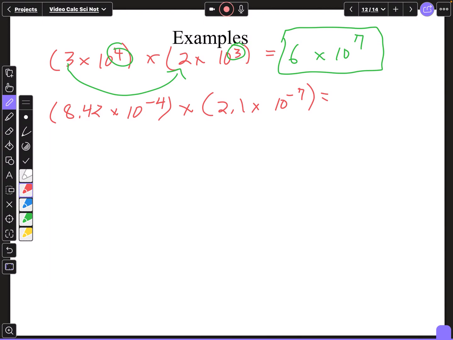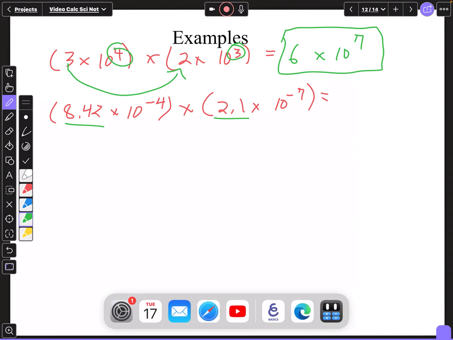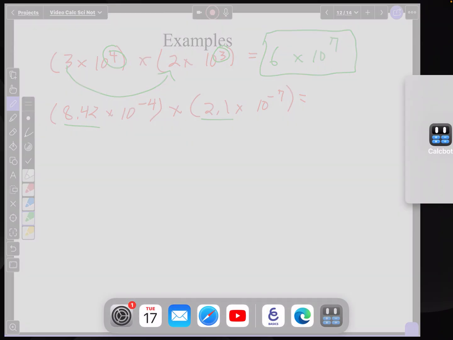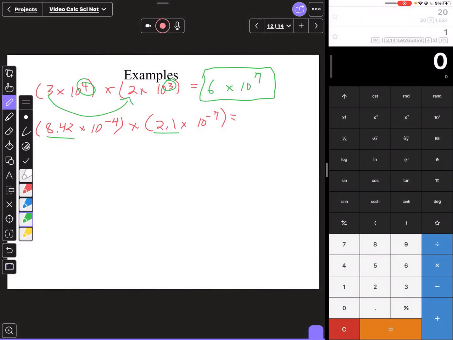So what I'm going to do first is multiply the 8.42 and the 2.1. So if I have 8.42 times 2.1, I get 17.682.